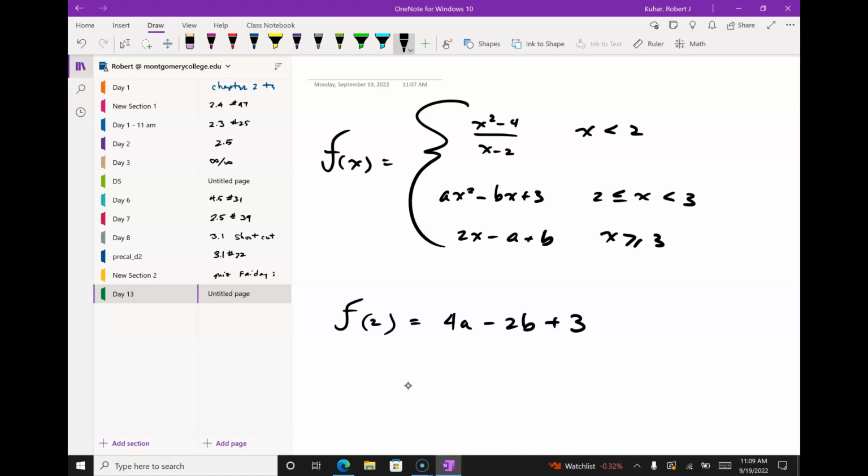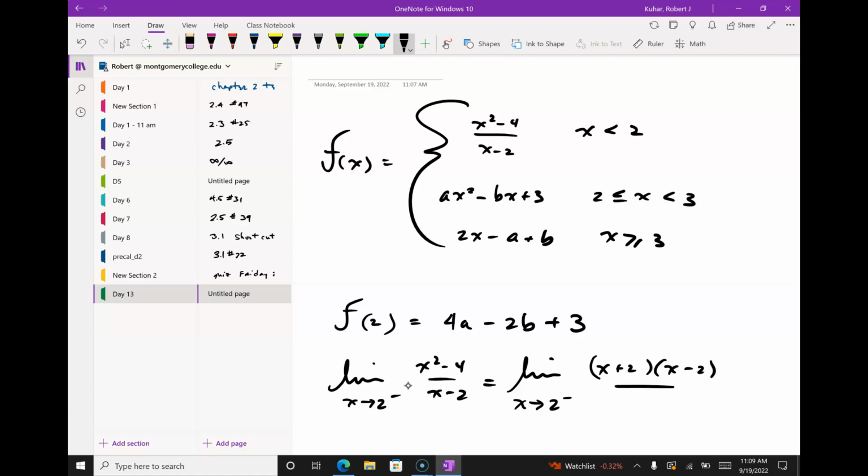Yes, we okay there? Then we have to look at the limit of the other piece. We need the limit, as x goes to 2 from the left, of x squared minus 4 over x minus 2. We have to get a replacement function there. So what do I get? x plus 2 times x minus 2 over that x minus 2.